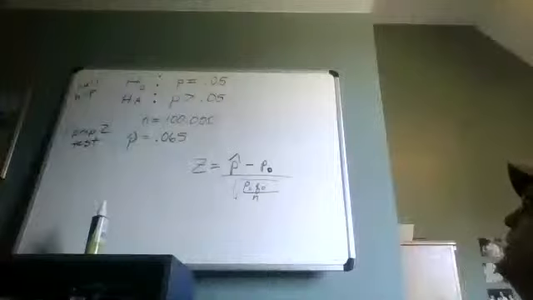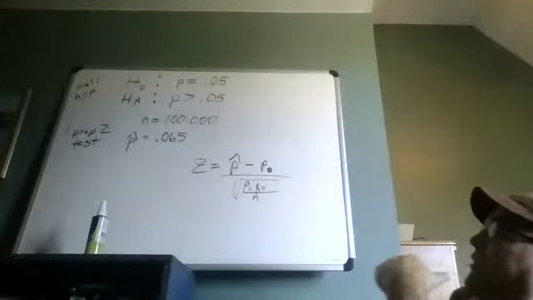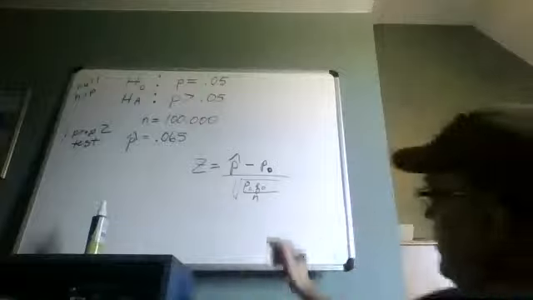What is our new standard deviation? The square root of p, and I'm going to say not just p, but p null, q null over n. All right, that's our formula. Now we need to fill in the blanks.